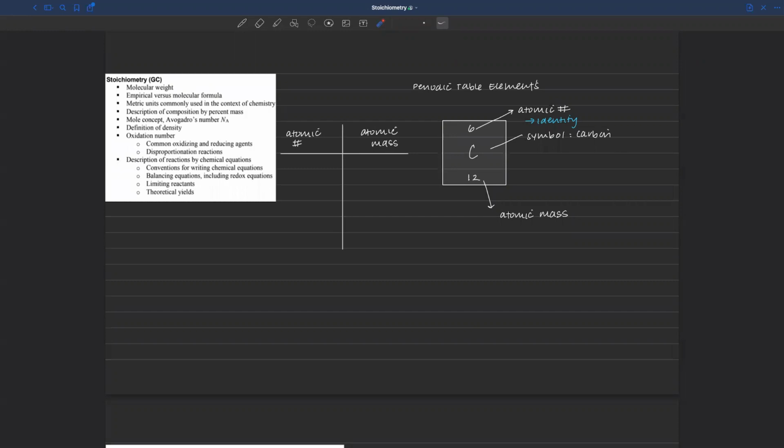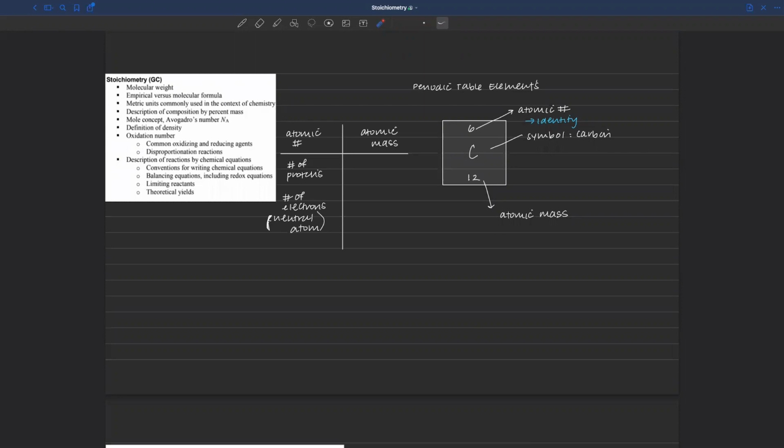So if we think about our atomic number, remember it's the one at the top, this corresponds to the number of protons and the number of electrons in a neutral atom. So if we think about this, let's take a look at carbon.